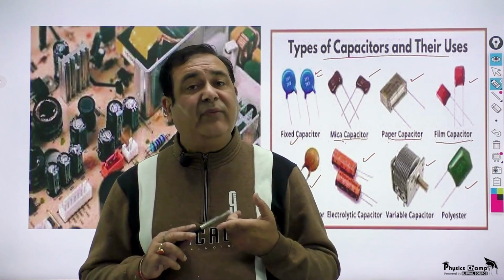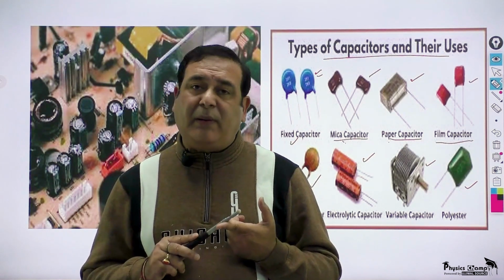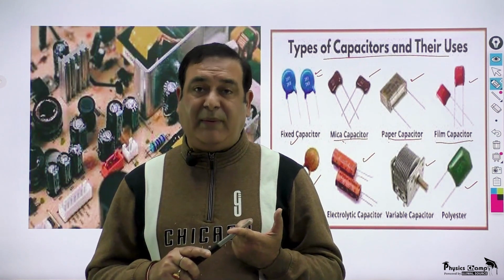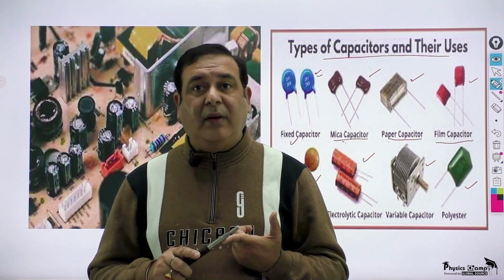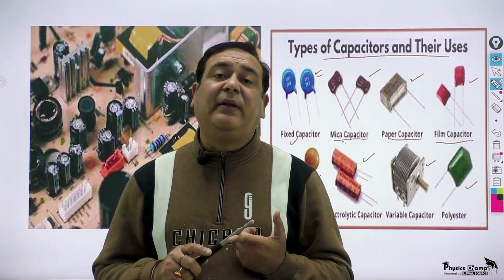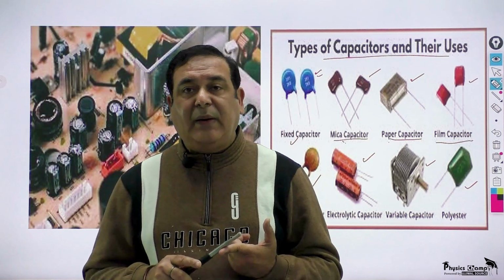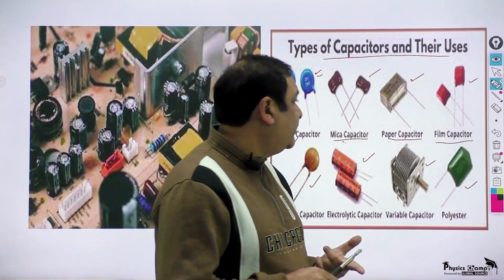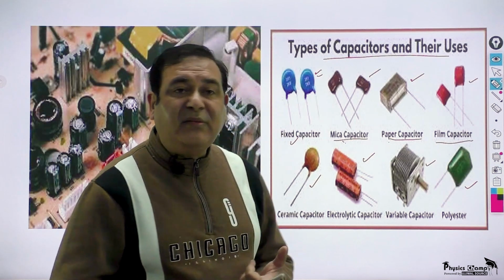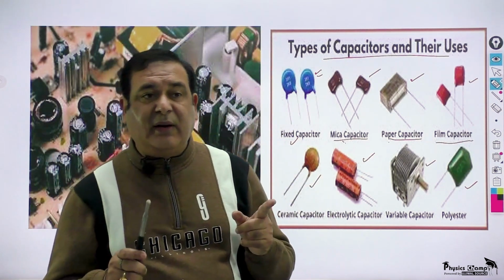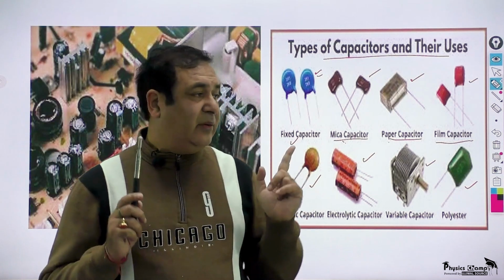So one side we have shape of the capacitor, parallel plate, cylindrical or spherical capacitor, and other way of naming them is on the basis of kind of dielectric that is filled between them. Mica capacitor, paper capacitor, electrolytic capacitor, or film capacitor or polyester capacitor, it is all representing the kind of dielectric that is filled between the conductors.